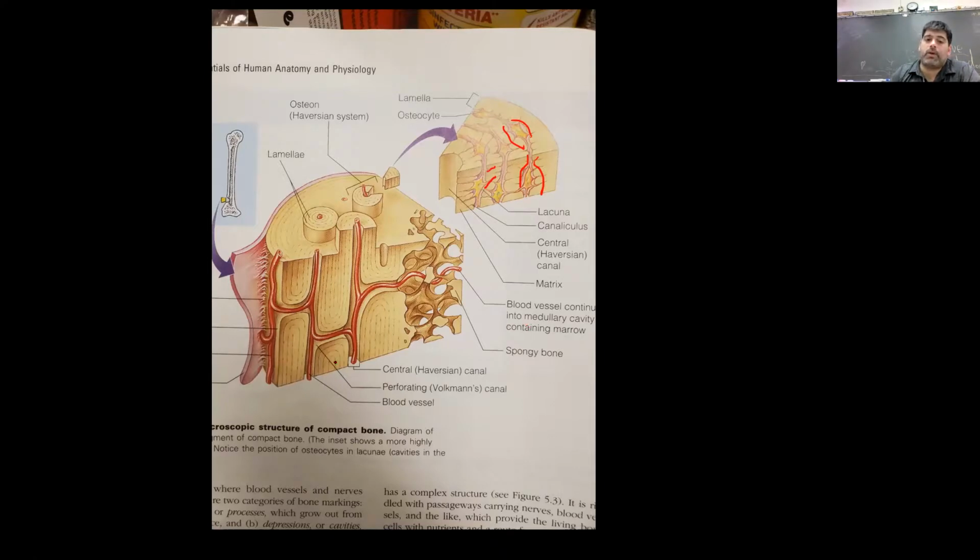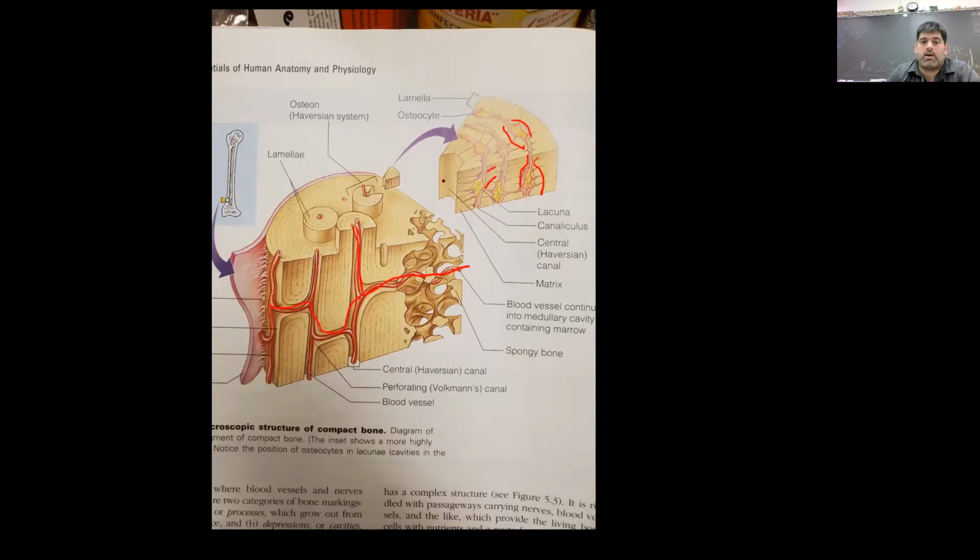But then if we kind of pan back and reduce our zoom, we'll look at the central canal. We see the central canal is going to have a blood vessel running through it, right? We see this blood vessel here, and it comes all the way in from the outside. We have blood circulation that enters all the way in and into that medullary cavity. Now, I mentioned the Haversian canal.